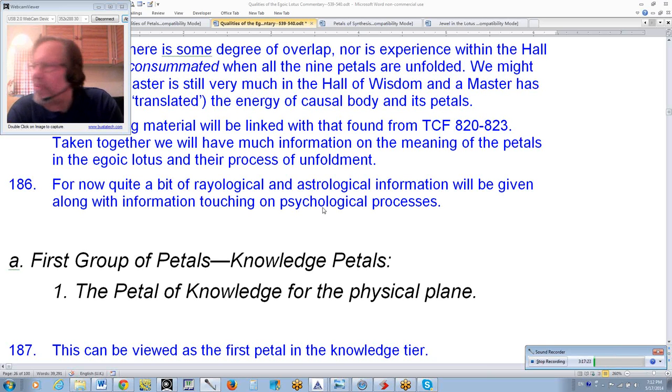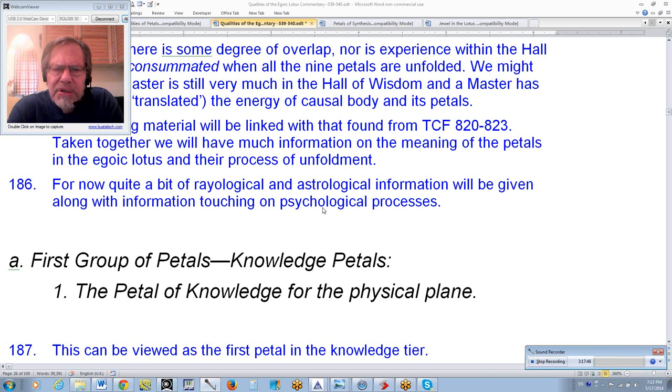I realize we've been into some very abstract material that requires a lot of pondering, because somehow the different levels, systemic, maybe even cosmic, have been connected to the question of the human egoic lotus.